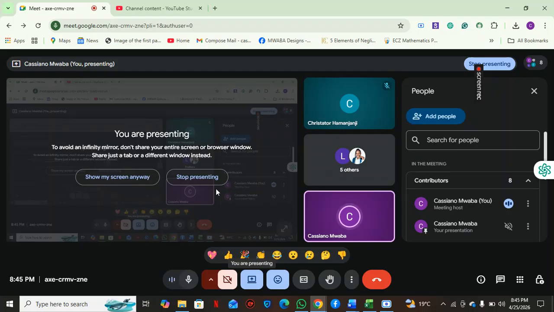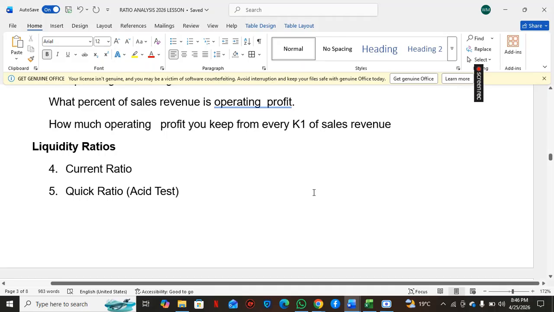So it's one important aspect when you're deciding to invest in a company. Is the company liquid enough? Meaning, can the company handle expenses when they fall due? With liquidity ratios, we've got two ratios: the current ratio and the quick ratio.